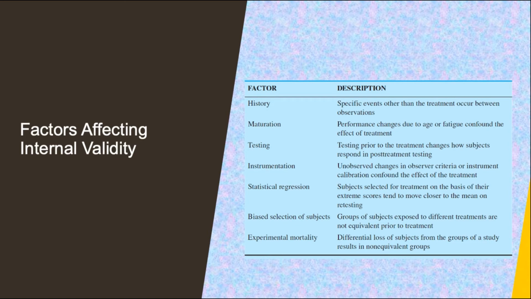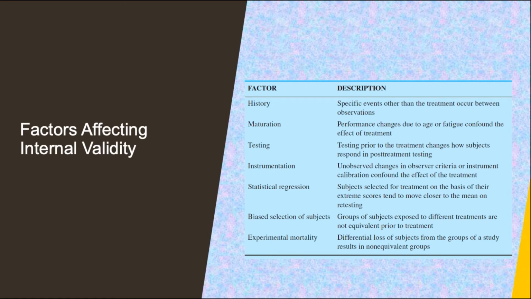For example, a study of the effectiveness of an advertising campaign against drunk driving may measure the number of arrests for drunk driving immediately before and after the campaign. If the police institute a crackdown on drunk driving at the same time that the advertisement airs, this event will destroy the internal validity of your study.